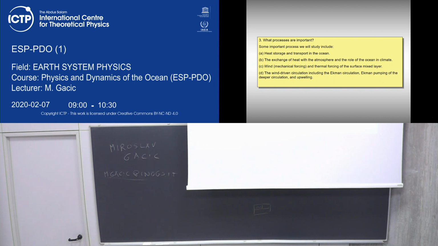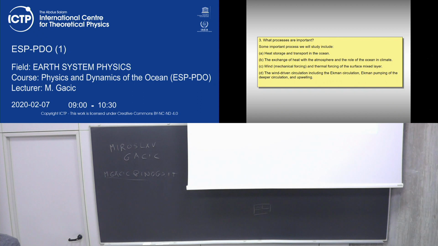You meteorologists know, but probably all of you know, that the wind has a typical speed of 10 meters per second, okay, typical, right? While the typical speed of the currents is 10 centimeters per second. So we are talking about speeds an order of magnitude smaller in the ocean than in the atmosphere.